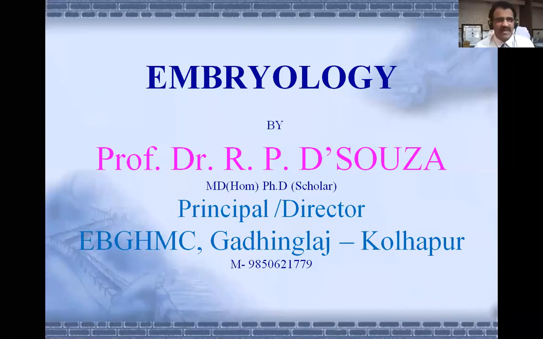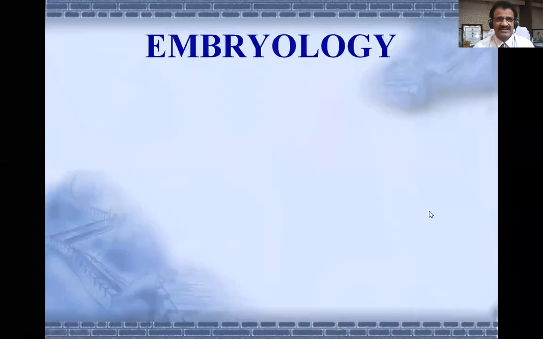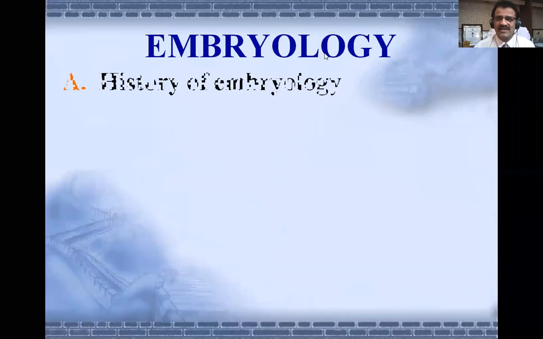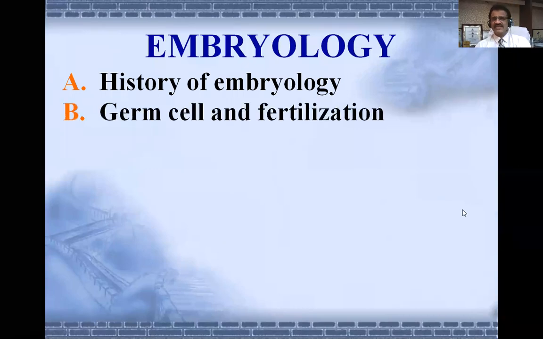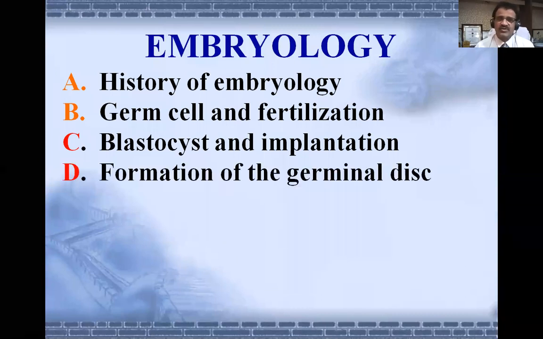Let us see what happens next, because we are dealing with embryology just like a story. Yesterday we completed the trilaminar disc and the development of the embryo up to the stage of 2 months, 8 weeks. On the first day we studied the history of embryology, gametes and fertilization, and on the second day we studied morula, blastocyst and implantation, and also the formation of the germinal discs, especially the first two germinal layers, epiblast and hypoblast.